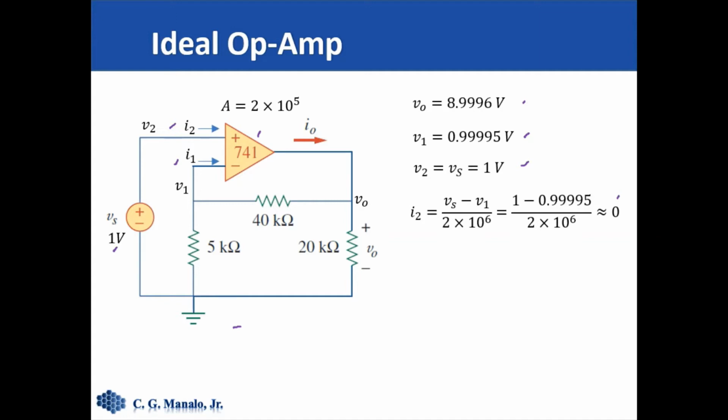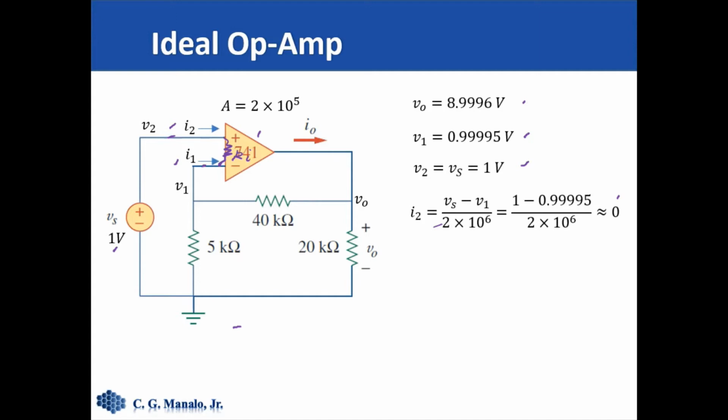So I sub 2 is computed as the input voltage Vs minus V1 divided by the input resistance R sub I. So take note that we have an input resistance here, R sub I, connecting the inverting and non-inverting terminals.